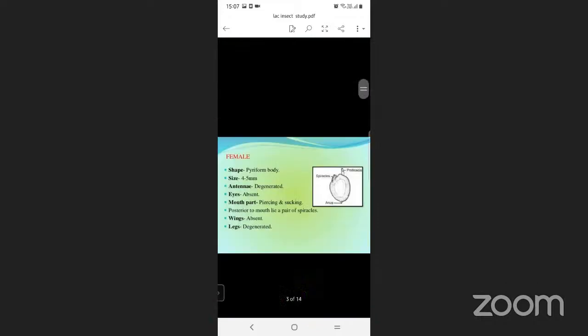And the female body, it is a pyriform body with the spherical proboscis and anus, simple body. Size of 4 to 5 mm. Antennae are not present, they are degenerated. Eyes absent, mouth part will be piercing and sucking type, like mosquito.